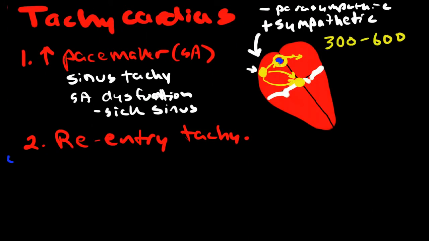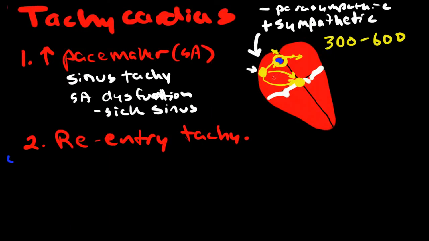Now, what happens is this sort of forms an ectopic foci because there is damaged tissue here, and you end up with a circuit. The wave of depolarization keeps going around in a circle, and this can happen in several different places within the atria, and this can happen just sort of with age, as sort of scar tissue forms, or there's damage to myocardium over time, or it can be prompted by illness.